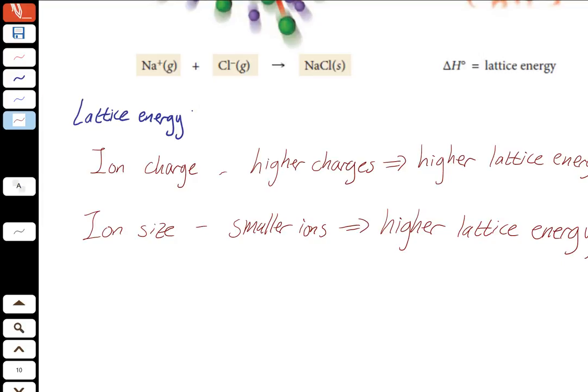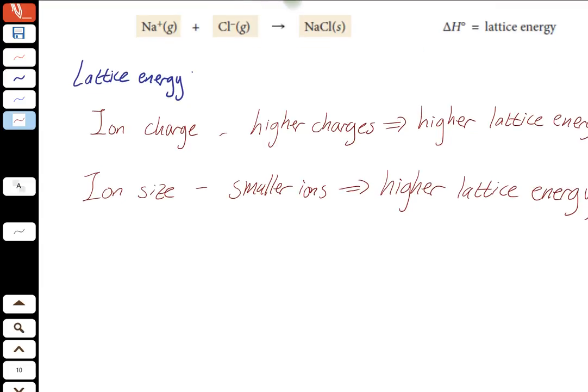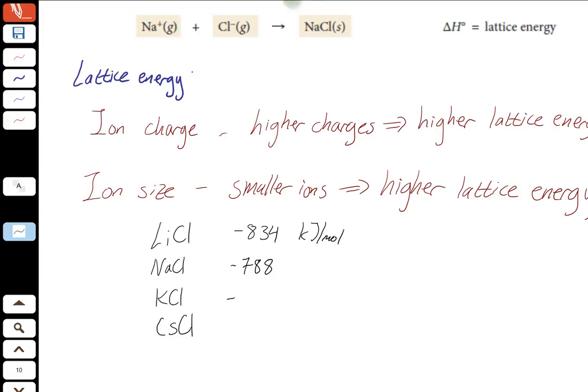All right, and we can see some examples with that. So if we looked at just the series of alkali metal chlorides, lithium chloride, sodium chloride, potassium chloride, and then for whatever reason they skip rubidium chloride, maybe it's an outlier. It'd be interesting to see that. The lattice energies are, in kilojoules per mole, minus 834, minus 788, minus 701, and minus 657.